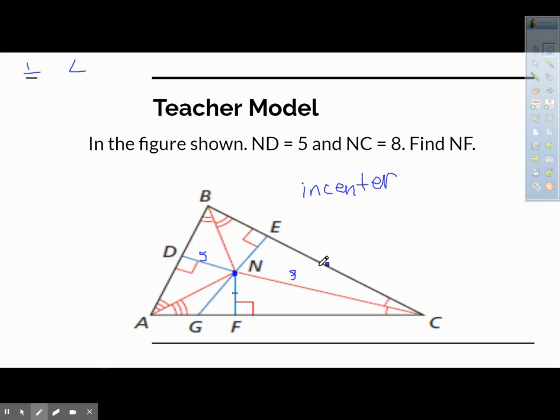Okay. And then from earlier, we know the incenter is the same distance to all the sides. So that means that this side here NE would be congruent to the side NF, and that would be congruent to the side ND. So if ND is 5, then NF would also be 5. So our answer would be 5.